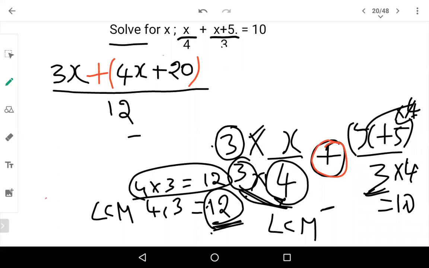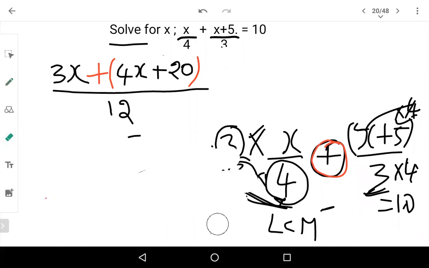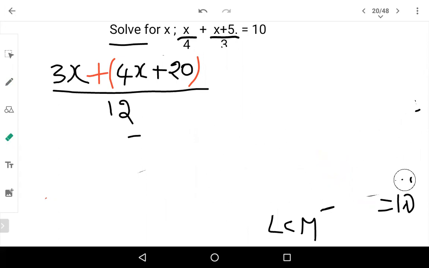This is one way of understanding the expression. Any doubts in this? How about others? Any doubts? Okay. There is one more way.